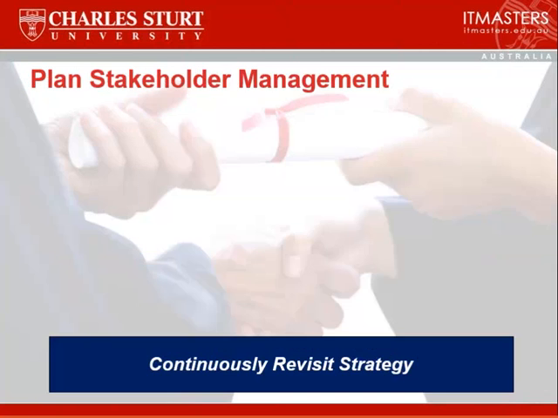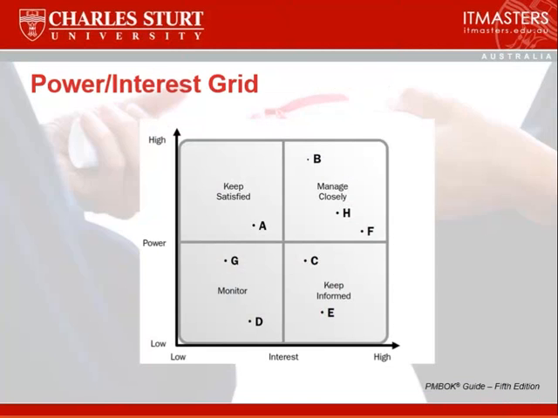So this is an example of a power interest grid. The power is on the left-hand column here, and the interest is on the bottom of your chart. All the letters of the alphabet here represent individual stakeholders, and you put them into the particular box that you feel is appropriate.